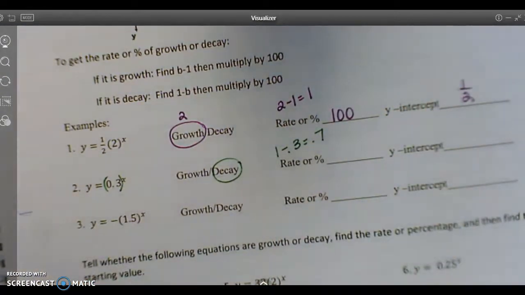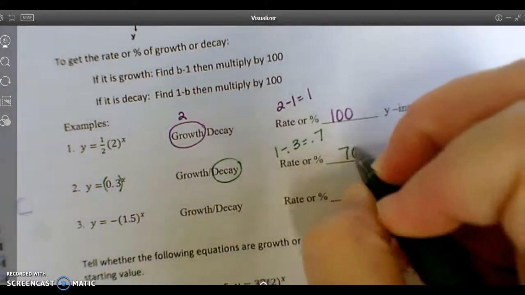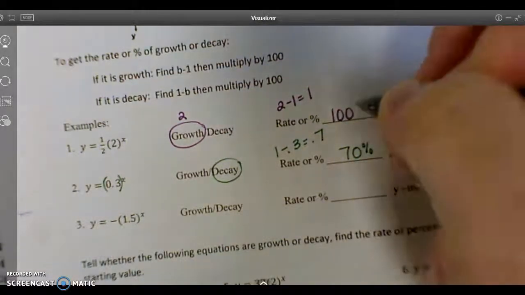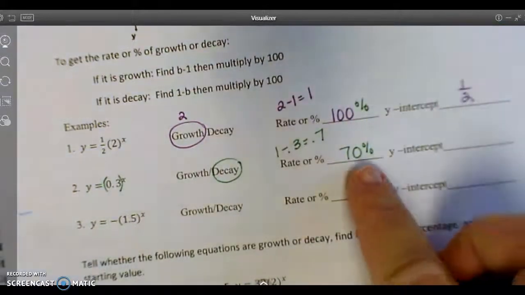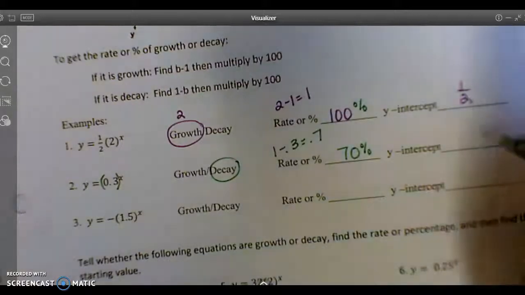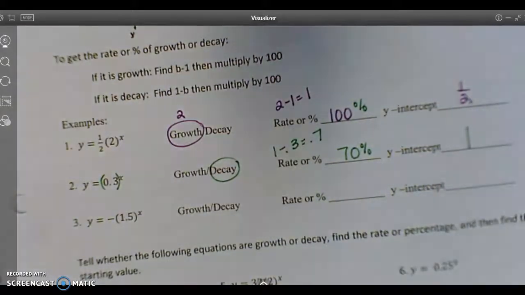Multiply that by 100 or move the decimal over 2 places, and we get 70%. And I guess really we should have percentages here. So that was 100%, this was 70%. Alright, the y-intercept, it didn't have a number at the beginning, but we understand that that's 1 when there's not anything there, so our y-intercept is 1. Our starting value is 1.